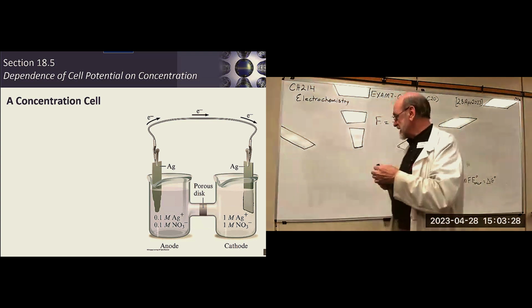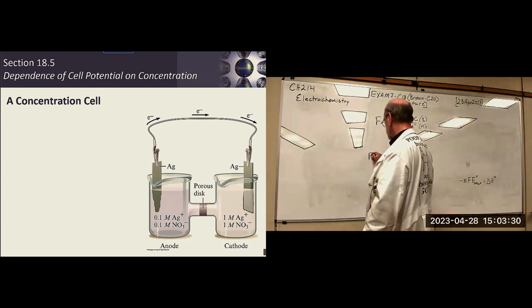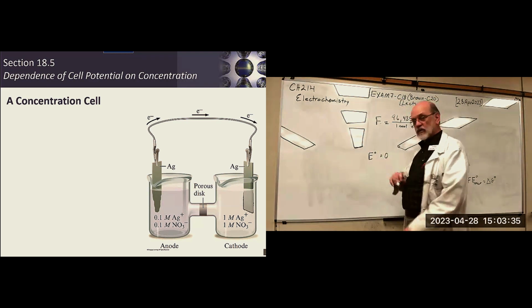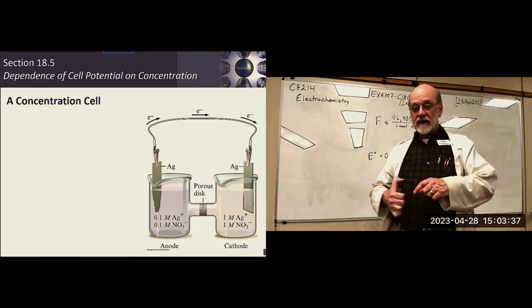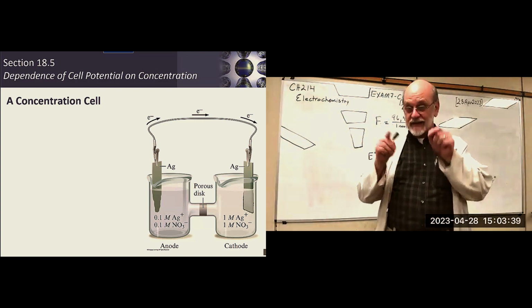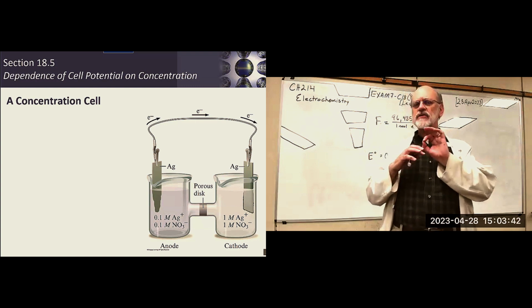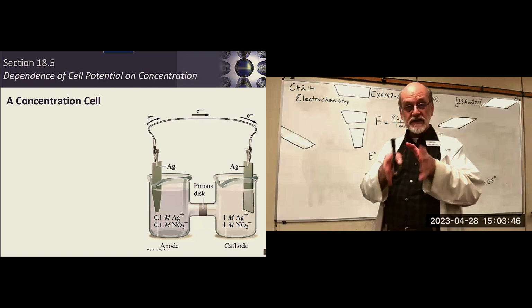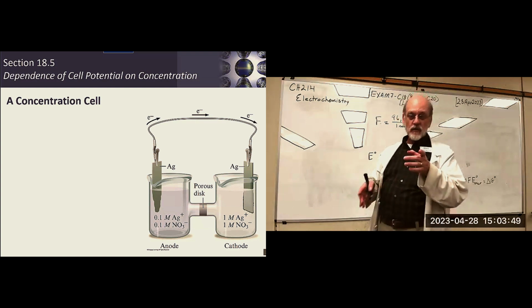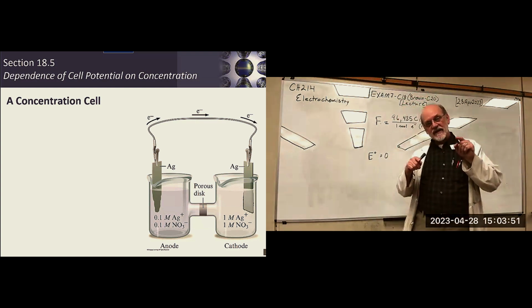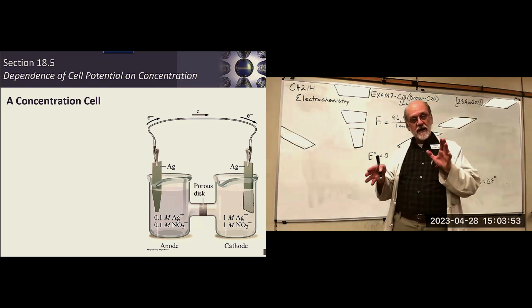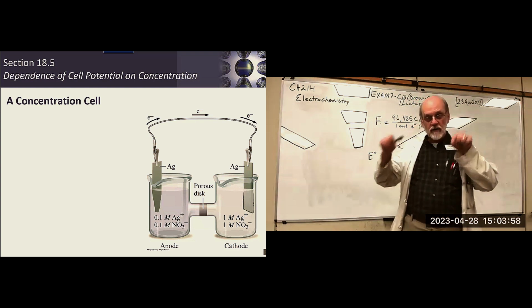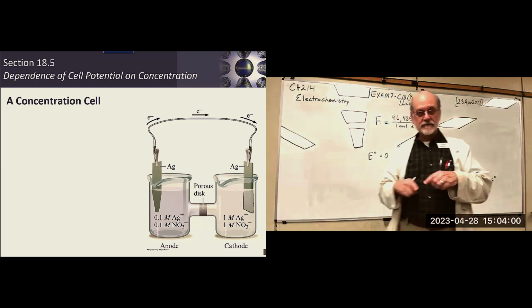The E0 for that galvanic cell would be 0, right? If the concentration in both cells were exactly equal, so let's say they're standard conditions, they're both 1 molar, right? We've got it set up here with a difference in concentration. So the question is, what happens if the concentrations are different, but the chemistries are the same for both of the half cells?